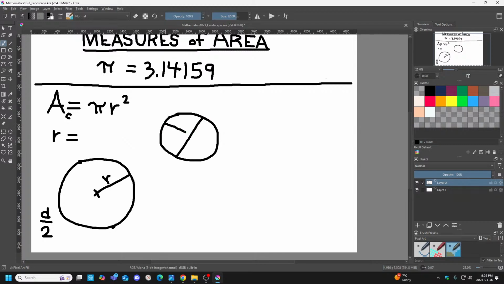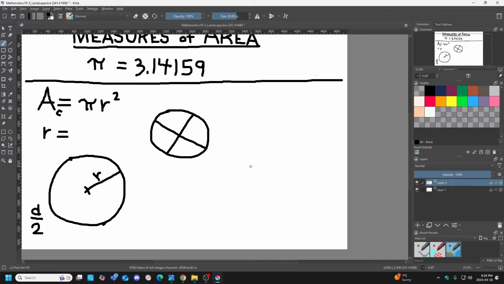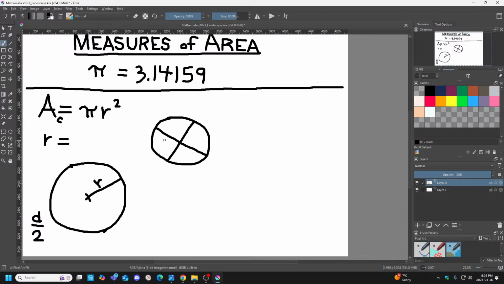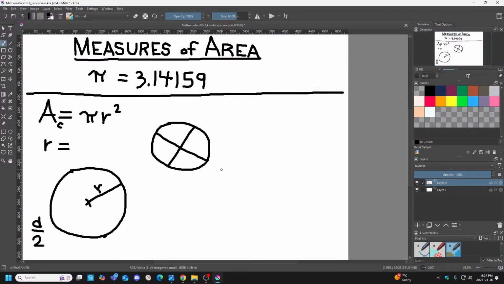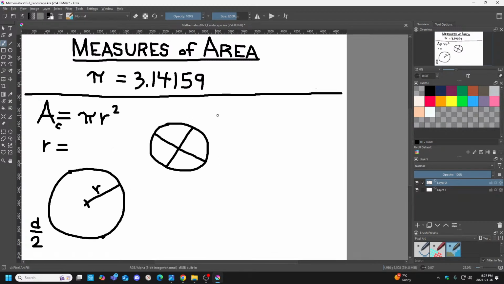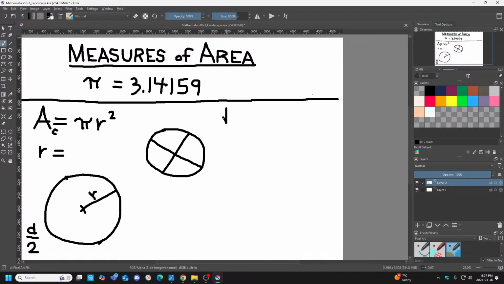And let's say we cut the pizza into fours or quarters, and these two lines represent the diameter. So when you actually cut the pizza, you're cutting the diameter, essentially. Okay, so what it's given us is D, which is the diameter, and that is 16 inches.